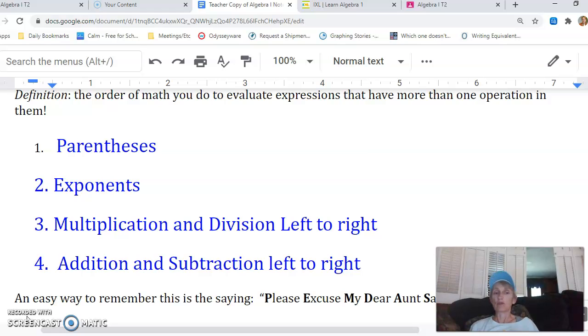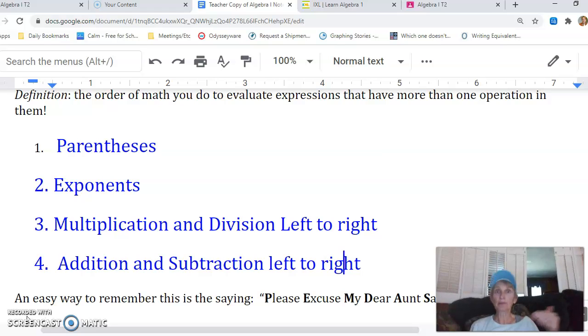So you might have memorized something like, please excuse my dear Aunt Sally, or you might be in the habit of saying PEMDAS. I kind of caution people a little bit, because so many times I see it on social media, and I get dragged into these discussions, because people think multiply always comes before divide.